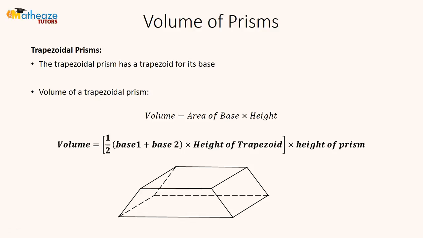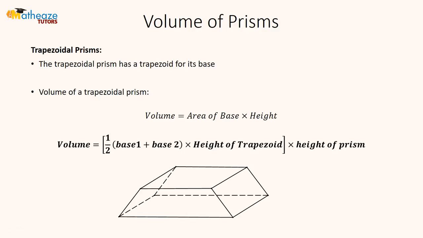Now let's look at trapezoidal prisms. A trapezoidal prism has a trapezoid for its base, and the volume of a trapezoidal prism is area of base times height. So the area of a trapezoid is 1/2 base 1 plus base 2. We'll call it B1, B2.